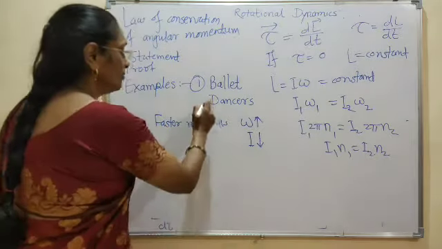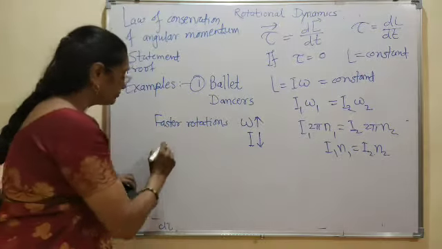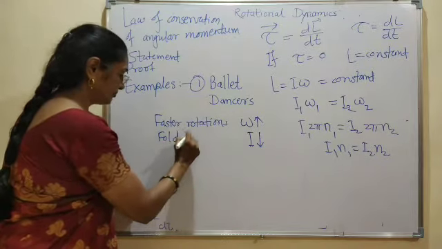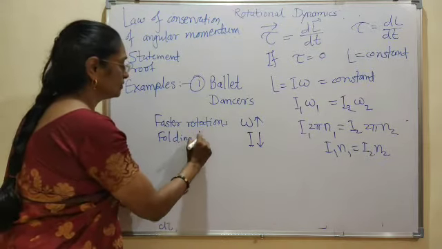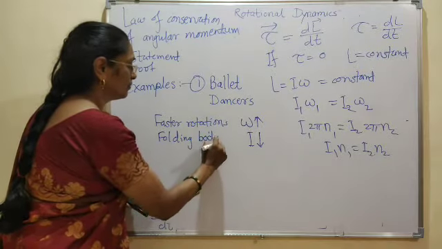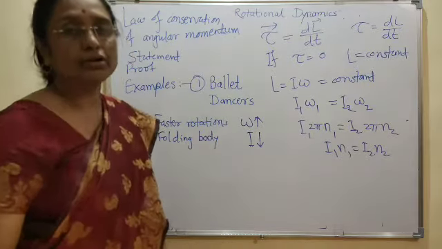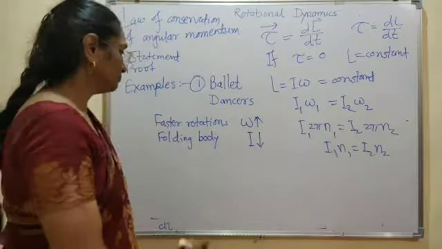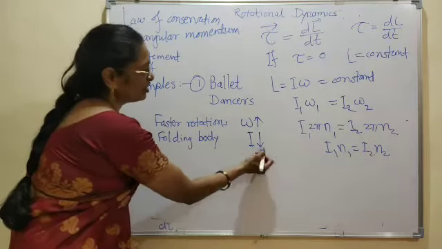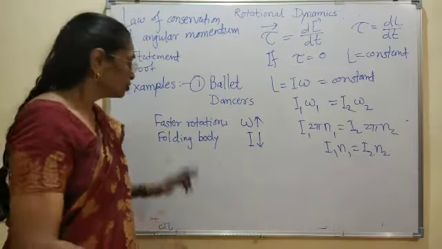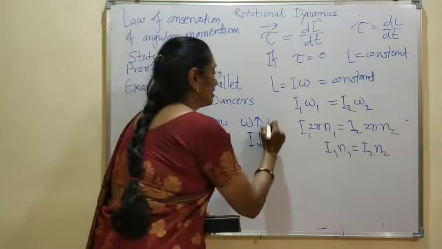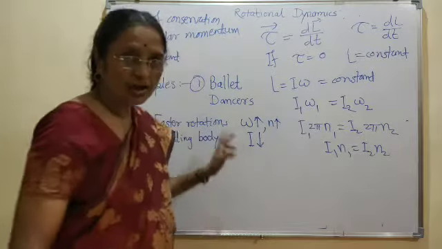So for that, ballet dancers do one thing: they fold their bodies. Folding the body, or taking arms and legs close to the body, they can decrease the moment of inertia so that their rotations are faster, meaning omega is large or n is large.